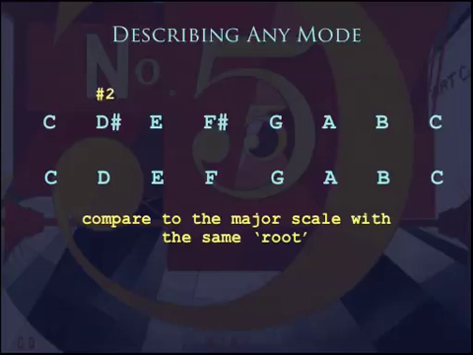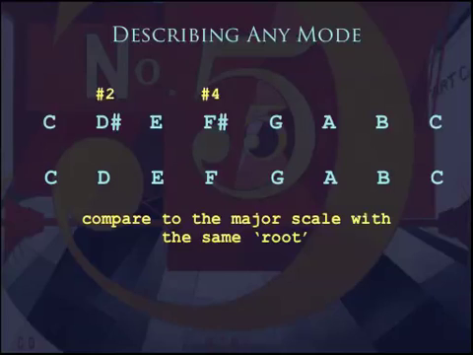The third is the same as the major scale. The fourth is a sharp 4. The fifth, sixth, and seventh degrees in our modal scale are the same as the fifth, sixth, and seventh degrees of the major scale. So therefore, we would describe this mode as being the mode that has a sharp 2 and a sharp 4.